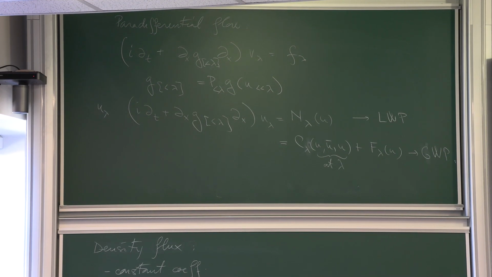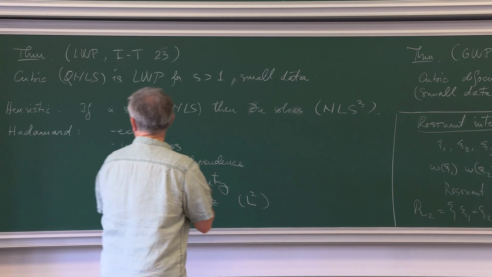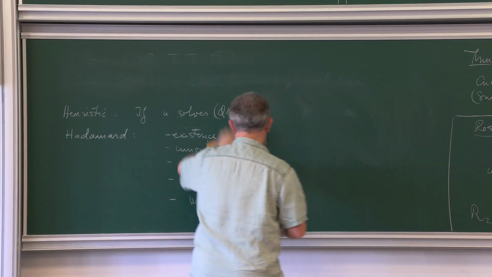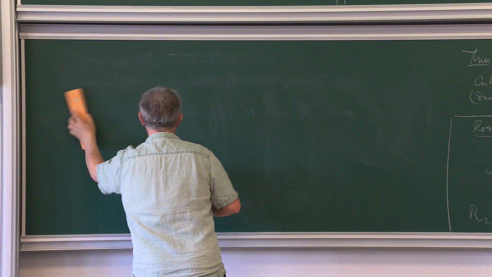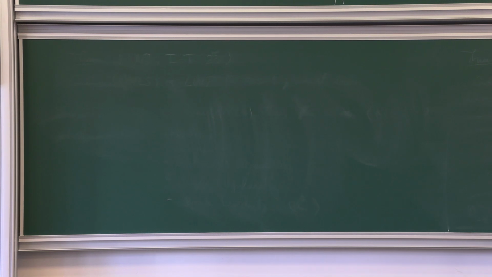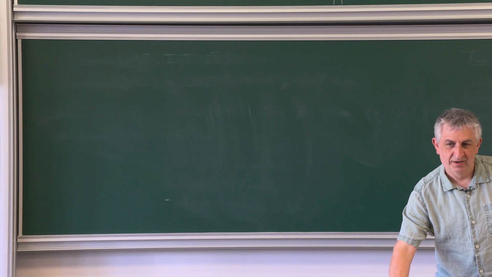I can erase the theorems, obviously. And I'm just going to postulate that the computations for the momentum are pretty much similar to the computations for the mass. So I'm going to skip them for brevity.